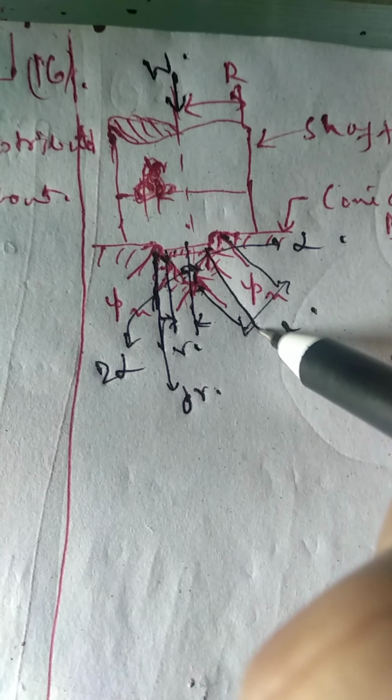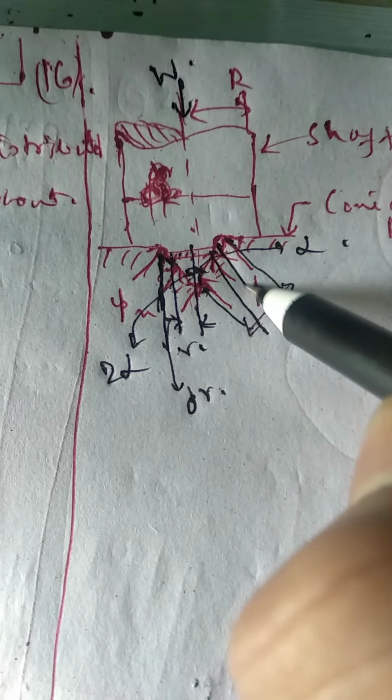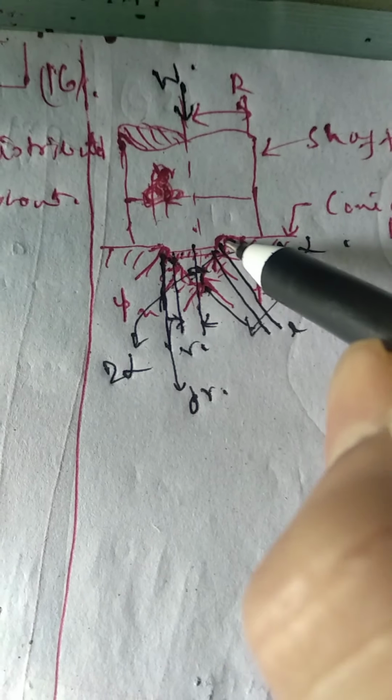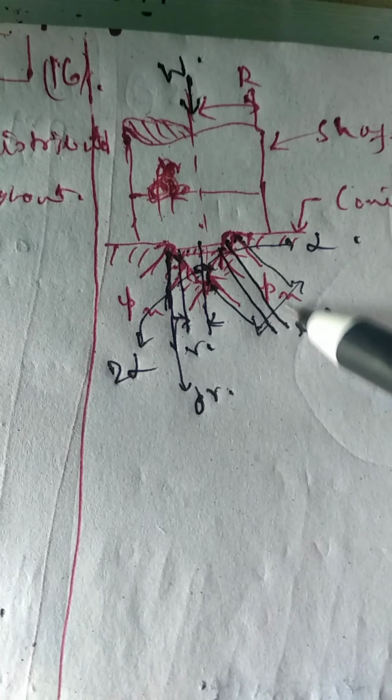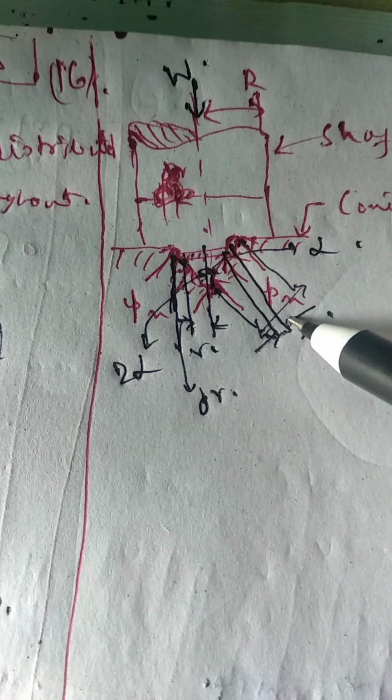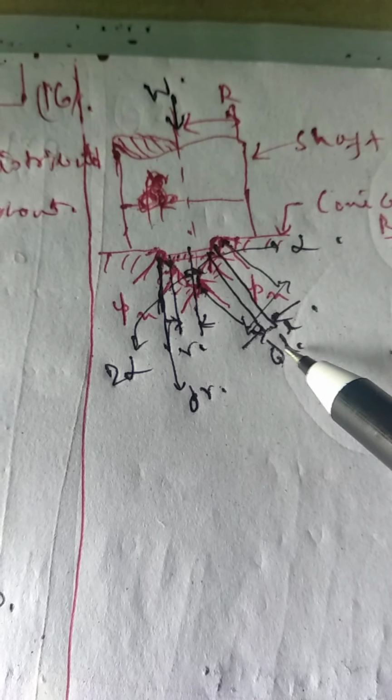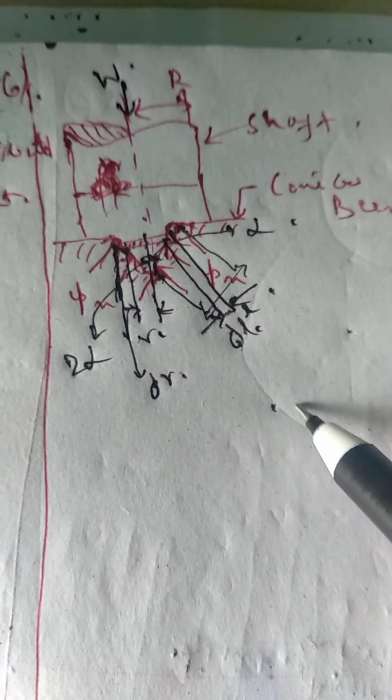This total length is L, and this small length will be dl. Now this dl will be dr into cosec alpha.